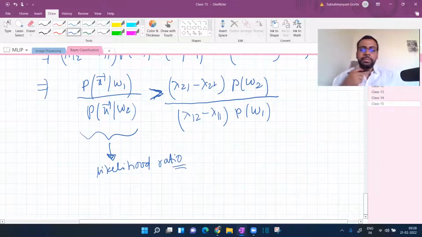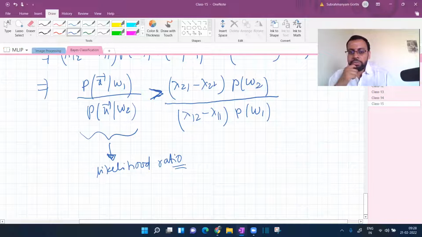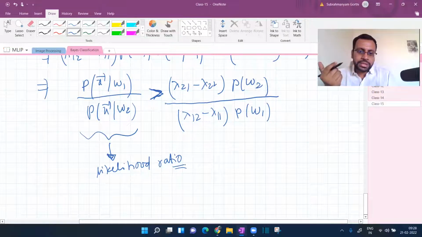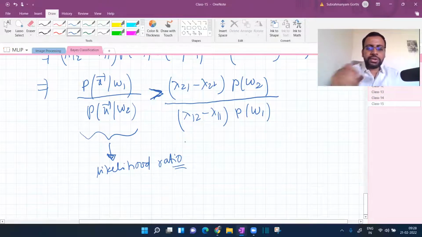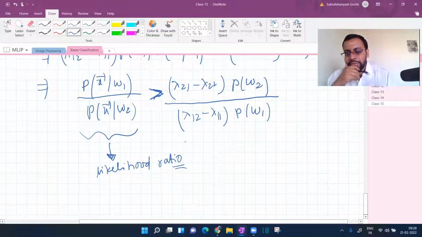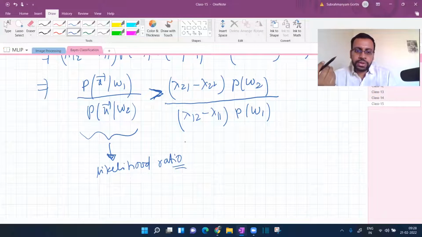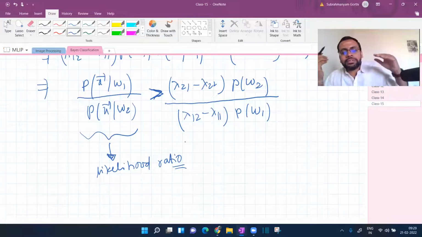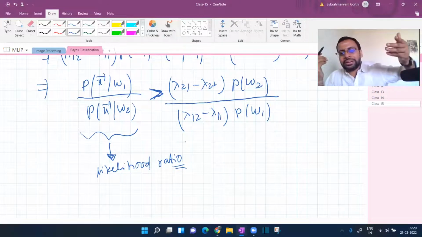Okay. Now, depending on the likelihood ratio for a given x bar, you can tell to which class it needs to be assigned. If this is greater than the terms that you have on the right hand side, then you would assign it to class 1. If not, what does that mean? It is less than, or otherwise I could say probability of x bar given omega 2, right? That way also I can tell.